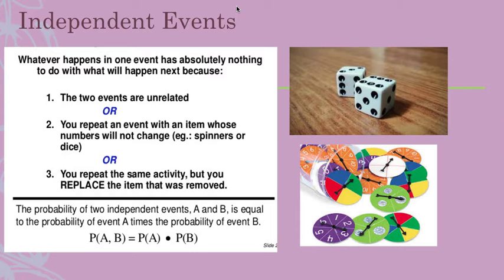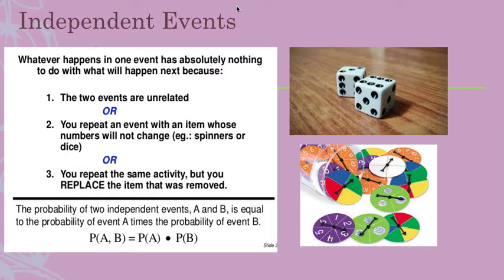The first is when the two events are completely unrelated. And the second, it can be when you repeat an event with an item whose numbers will not change. So for example, the number on a dice will not change. So no matter how many times you roll a dice, those events will be independent of each other.